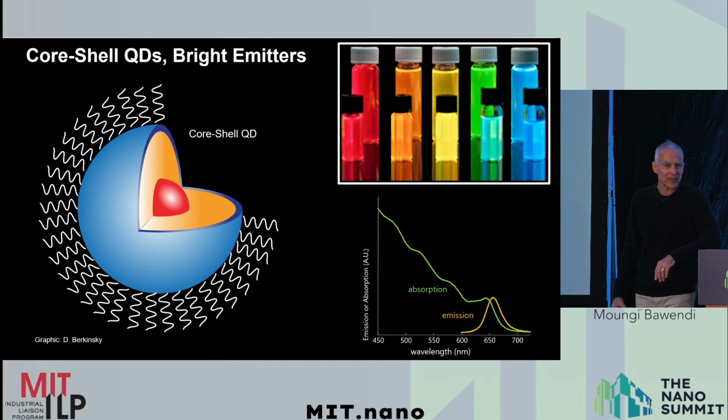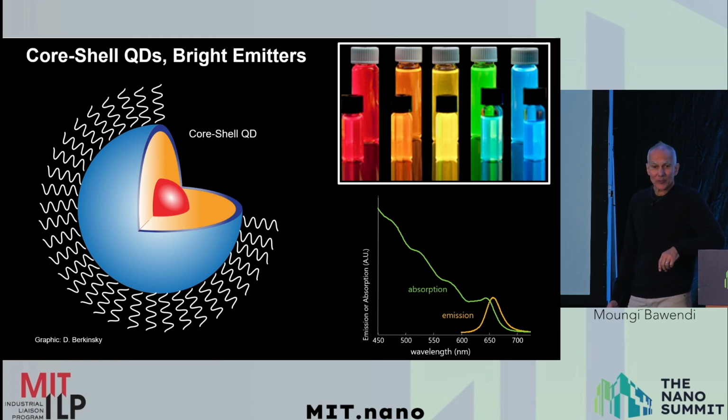And so that meant that we could think about multiplexing using one of these newfangled blue diodes. And if we could target different parts of cells or do in vivo biology, then we could image with one light source, but if only we could get the quantum dots to be compatible with biology.